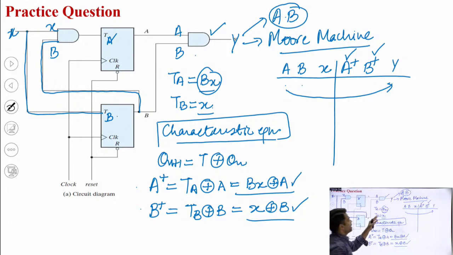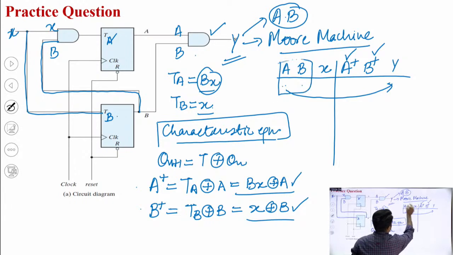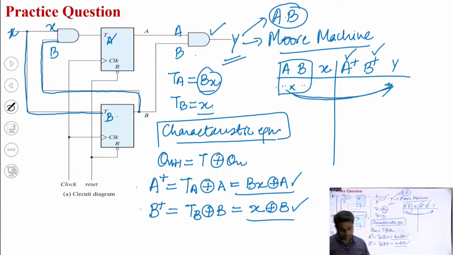By using the characteristic equation we can obtain A plus and B plus, but to obtain Y we are not going to use the characteristic equation. We simply use the values in the table, multiply A into B and write the product here. Okay, I think it is clear. You can reply in the chat box while I am proceeding further.